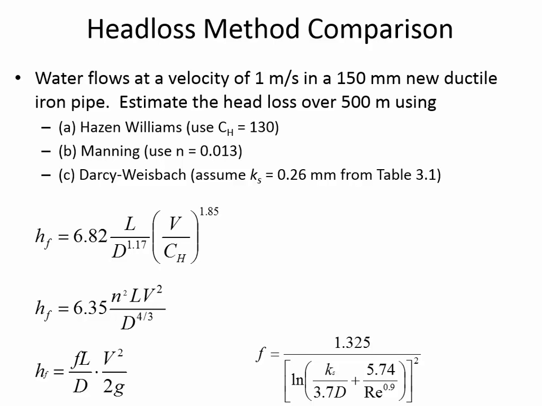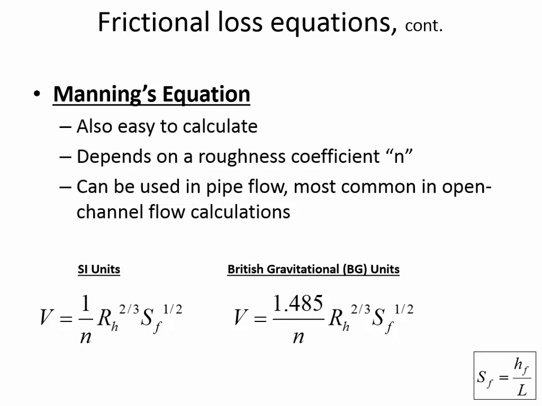H sub f is 6.35 n squared L v squared divided by d to the 4/3. That's totally different than the equation I showed you just a minute ago. Where does that equation come from?